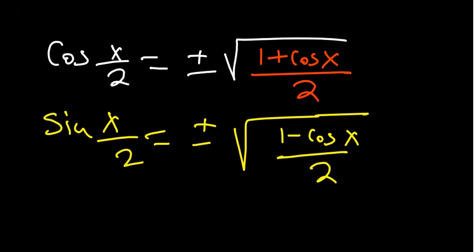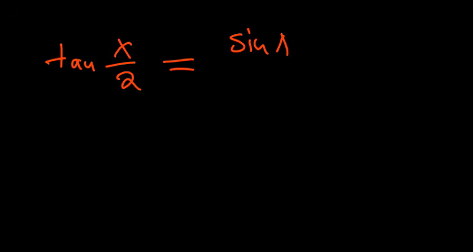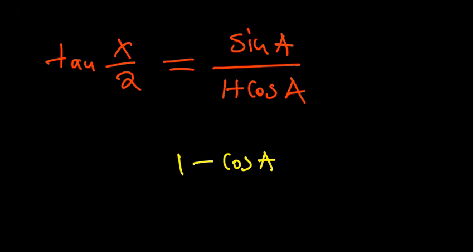So now the division of the 2 is basically what is going to give us tan. If you divide the 2, tan x over 2 is basically going to be the division between the 2. So it will be sine A over 1 plus cosine of A, which is also equal to 1 minus cosine of A divided by sine of A, still the same.